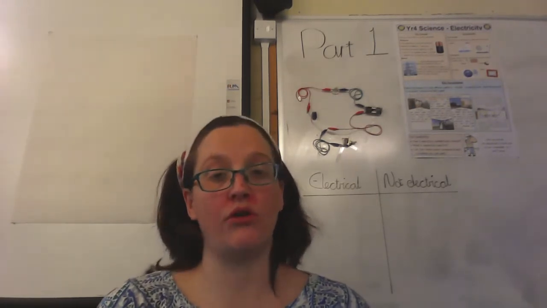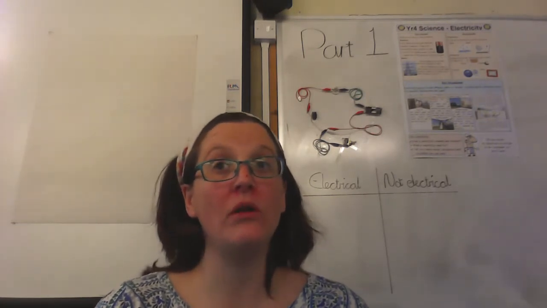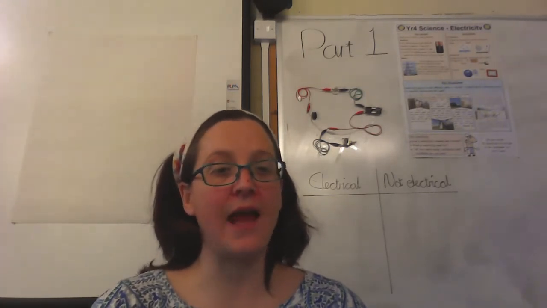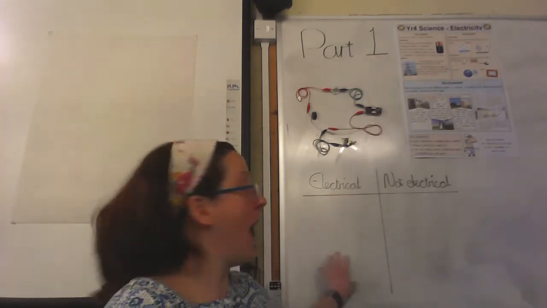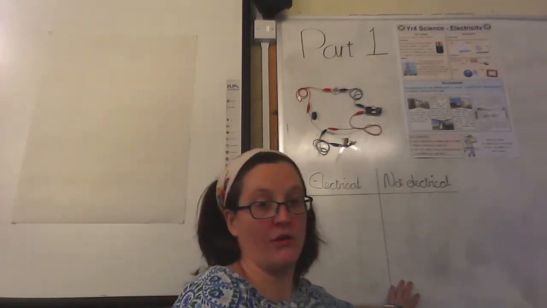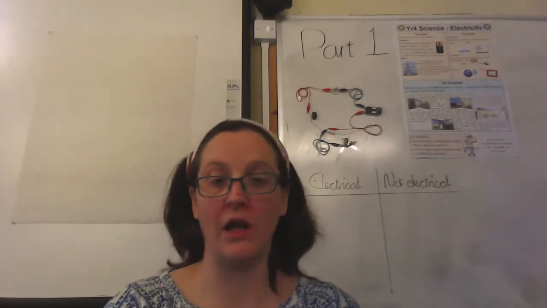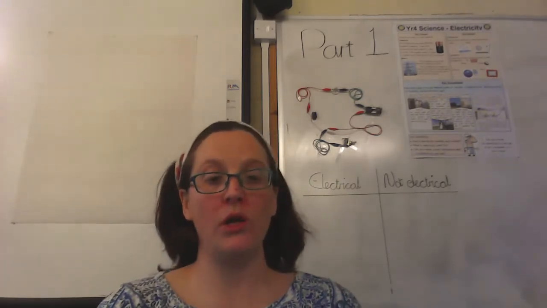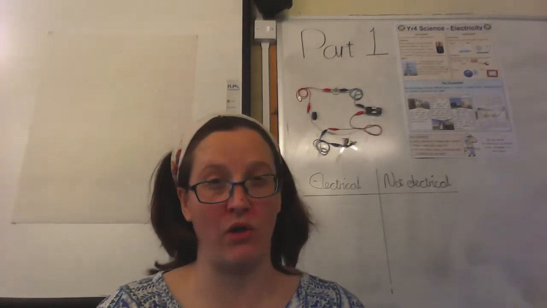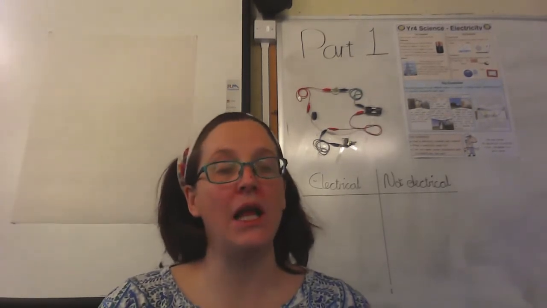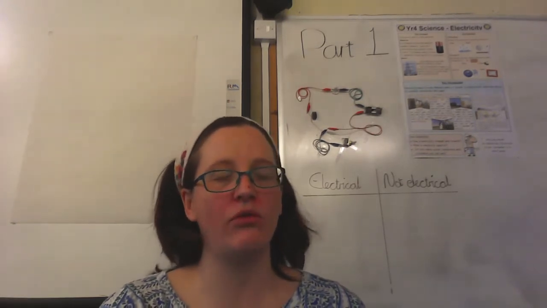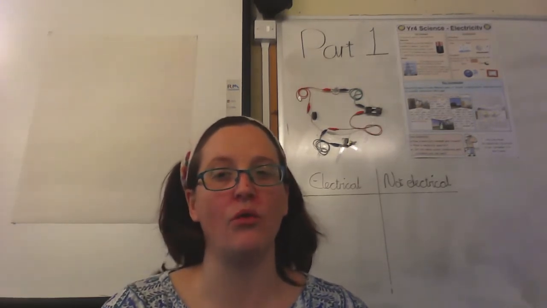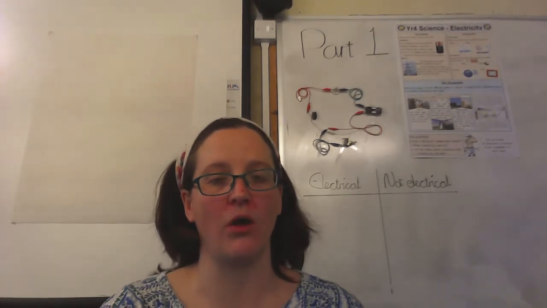Now on your worksheet for today, you will see that there is a table, one for electrical items and one for non-electrical items, things that don't use electricity. What you need to do now is pause the video and fill in that table. Look around the room, what things can you see, what things can you think of to go in each column. Okay. Pause.